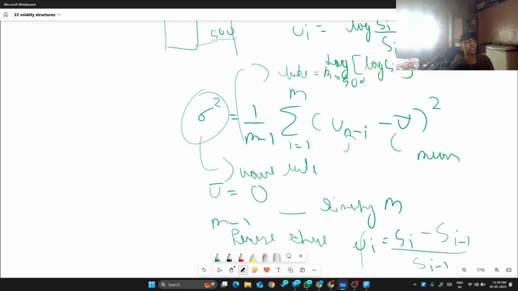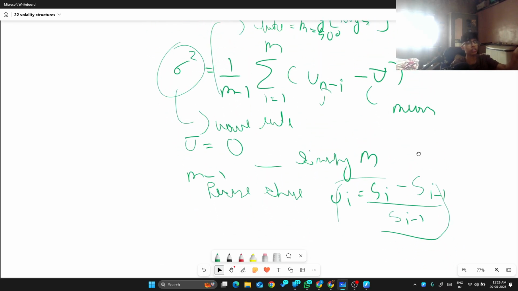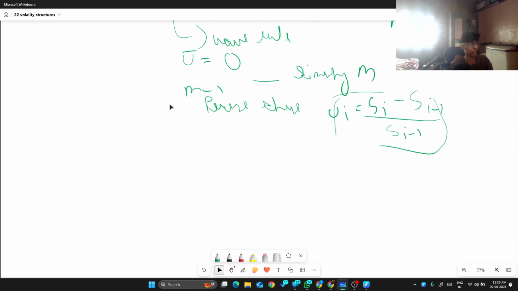That is the percentage change. Then this formula can be reduced to this, the sum of u squared n minus i.